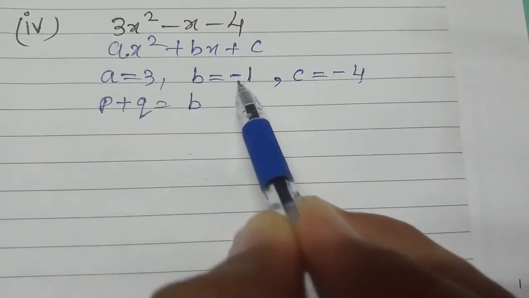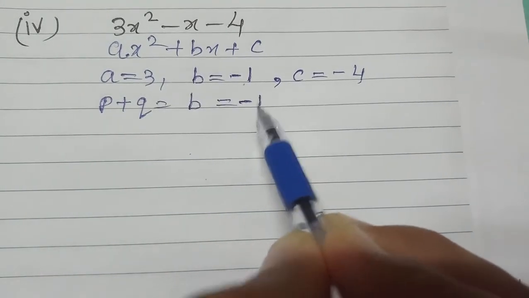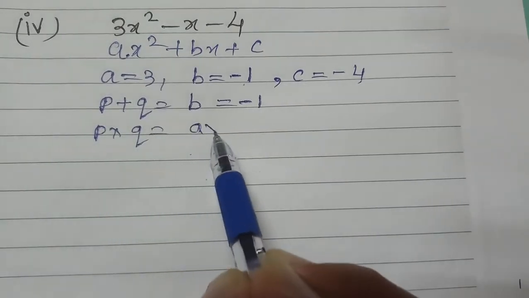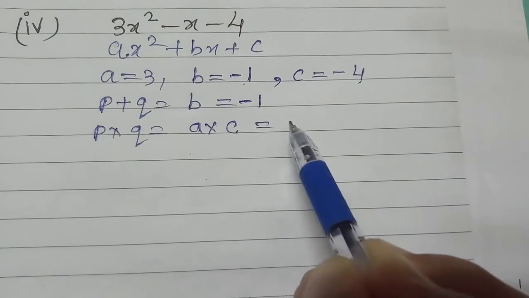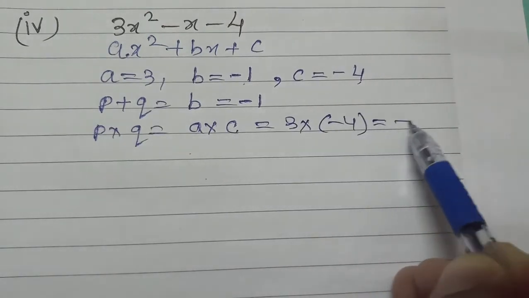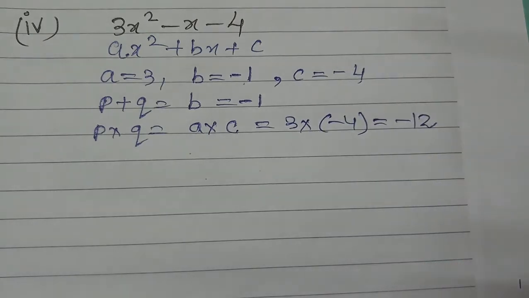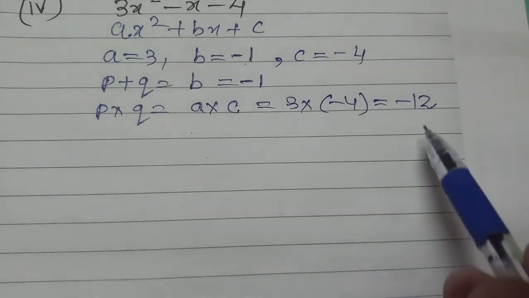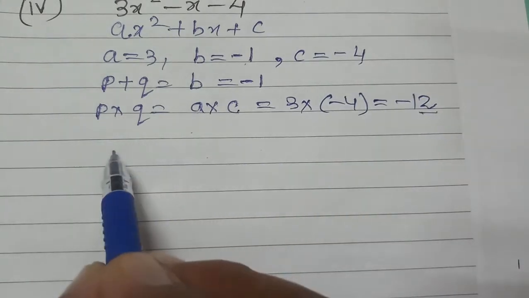On adding what we need? b. What is b here? Minus 1. On adding we need minus 1. On multiplying what we need? a into c. What is a? 3. What is c? Minus 4. So minus 12.